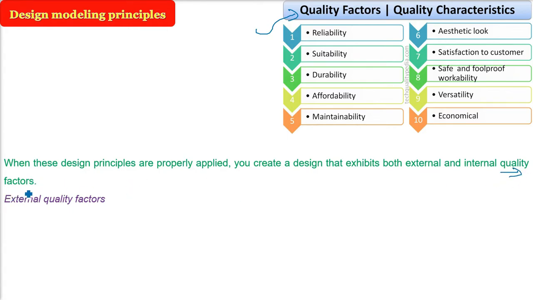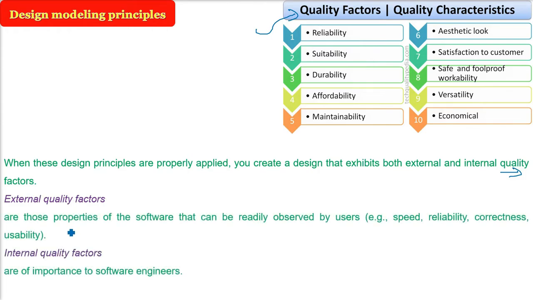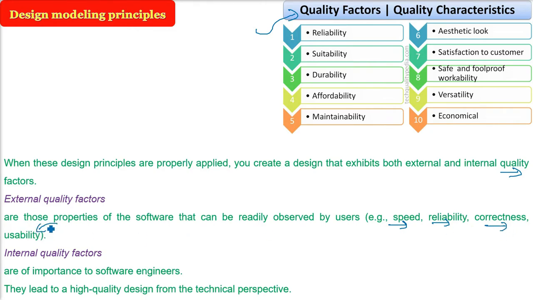Quality consists of various things, right? The external quality factors are those factors which are easily known and observed by the user, like the speed, the reliability, the correctness, usability. So if the software is easy to use, it has good quality.